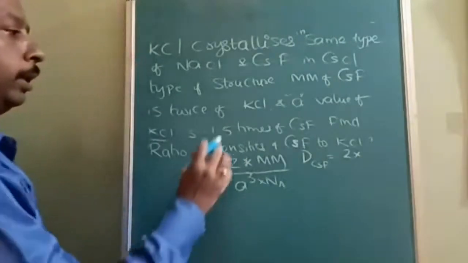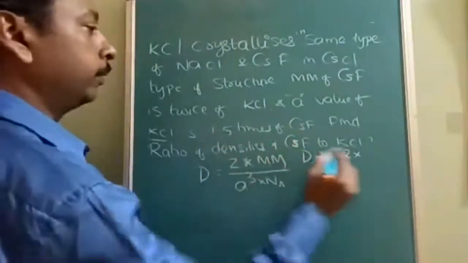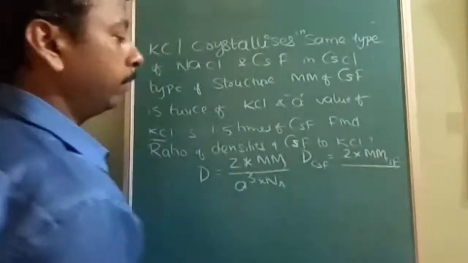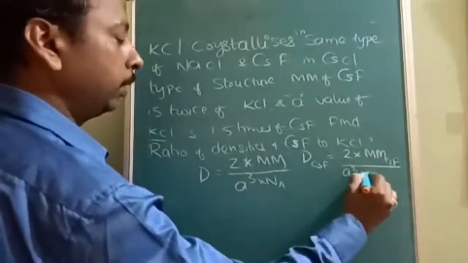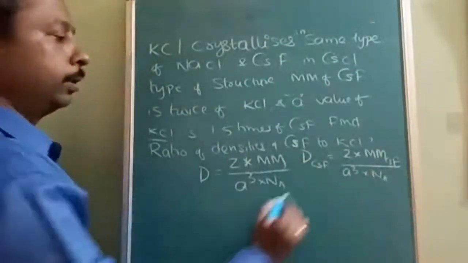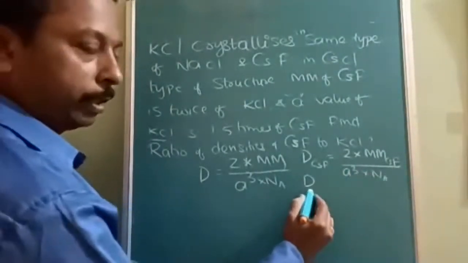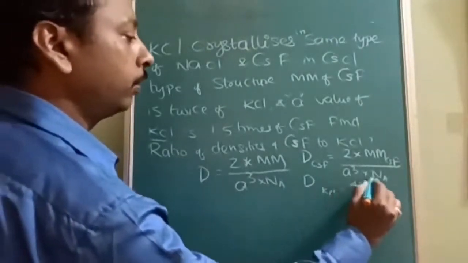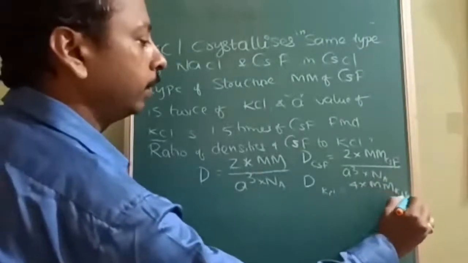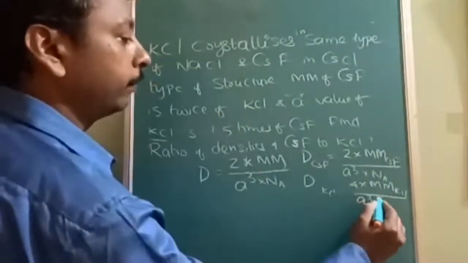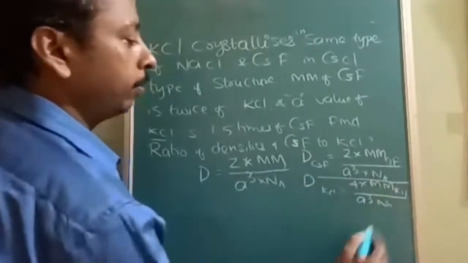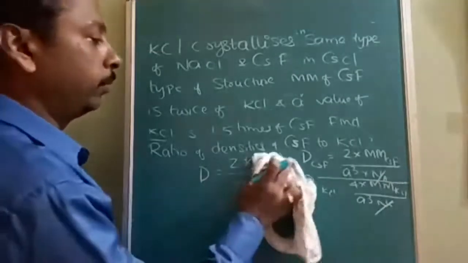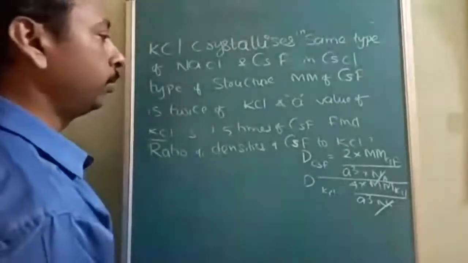So I will write the molecular mass of cesium fluoride divided by A cube into Na. Next, density of KCl is equal to 4 into molecular mass of KCl divided by A cube, which is different here, into Na. If I divide both of them, Na and Na will get cancelled.